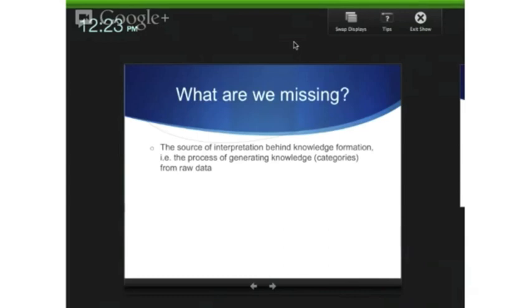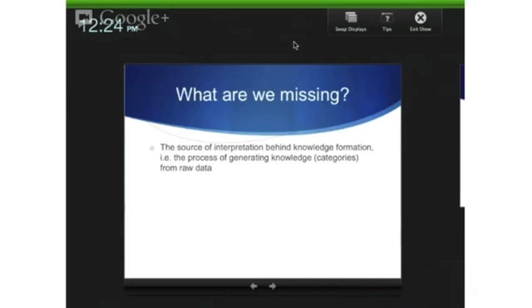What are we exactly missing behind this process? Different researchers come up with different understandings and different interpretations of the same data and may form different categories. Especially in geoscience, field scientists form categories on the fly, and it totally reflects their background knowledge and their intuition, their situational knowledge and social factors and so many other things.